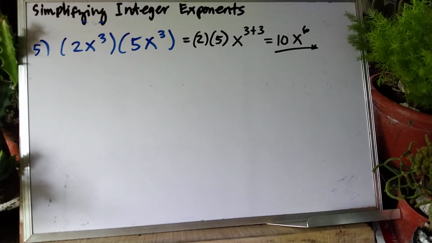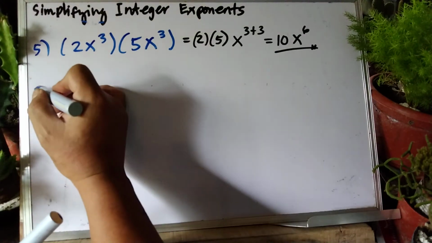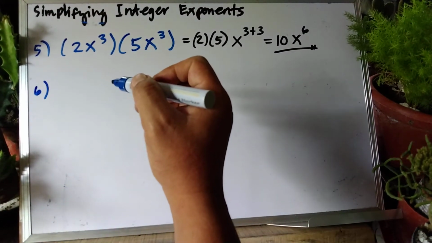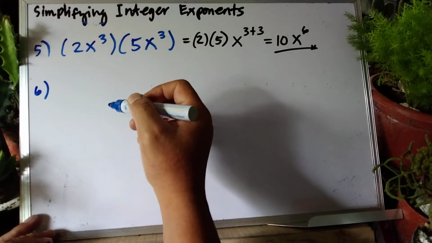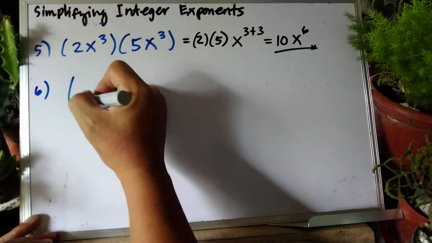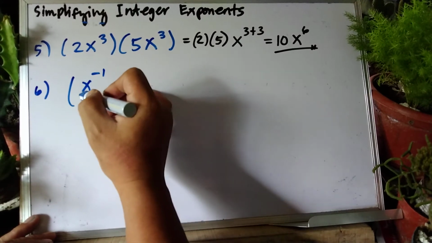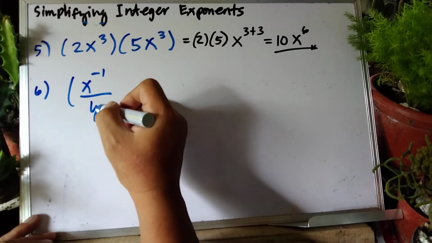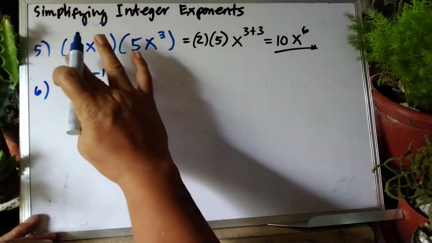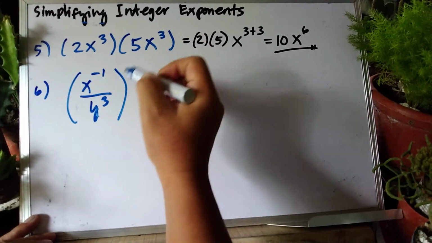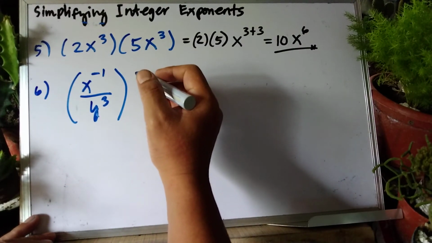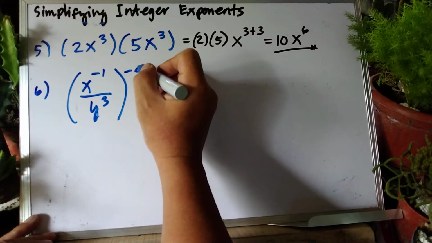Okay, I'll give you another example. Para mas simple siya sa inyo, okay? Example number 6, I'll give you x to the power of negative 1 over y cubed raised to negative 4.